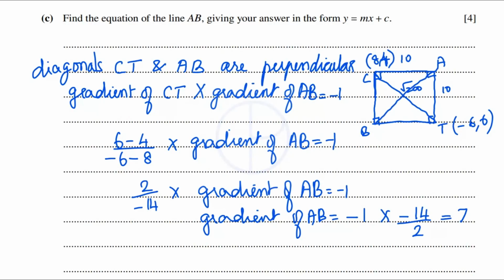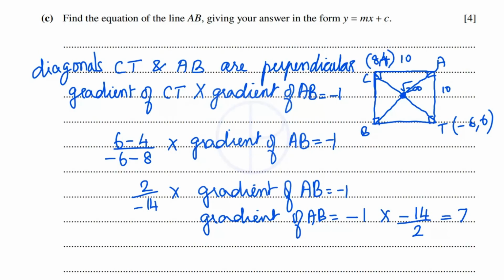Now to find the equation of the line AB, we need to find one point which lies on AB. The midpoint of CT is a point which is also the midpoint of AB, so it lies on AB.